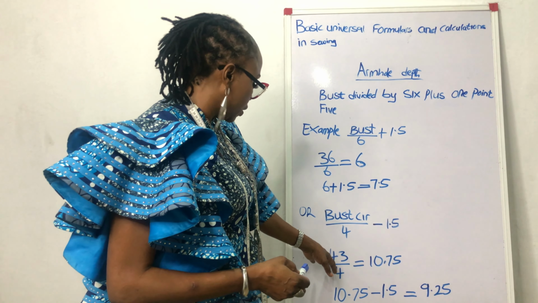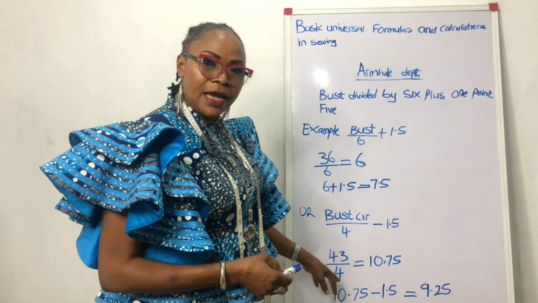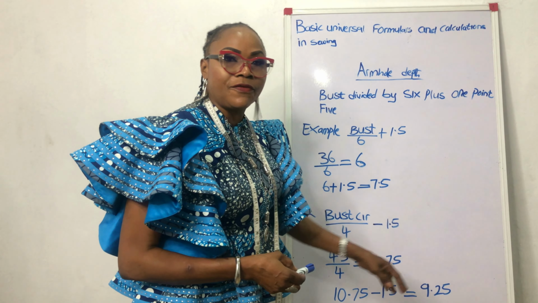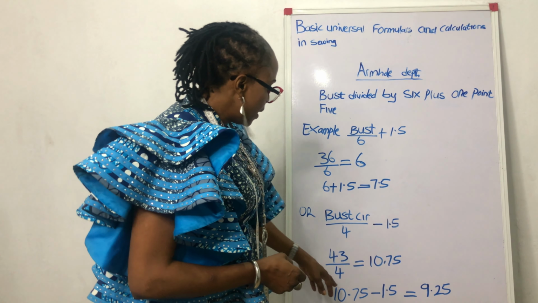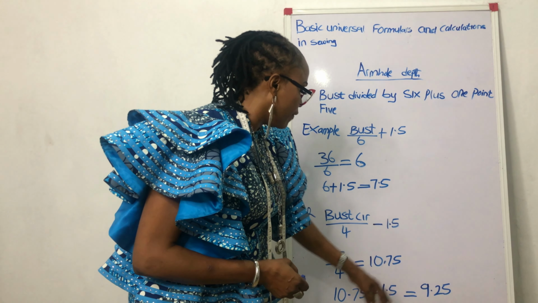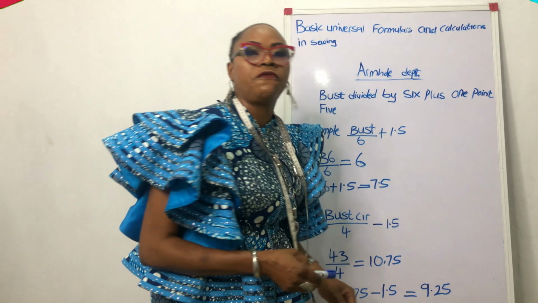For example, 43 divided by 4 is equal to 10.75. The 10.75 minus 1.5, my armhole depth here is 9.25.